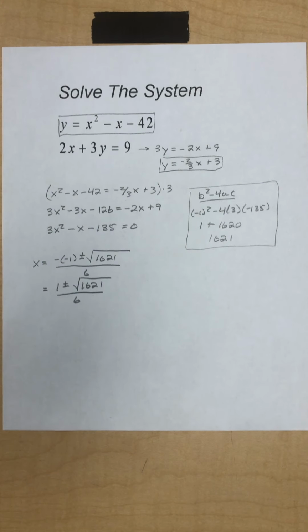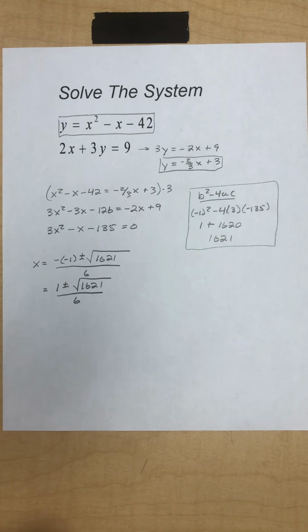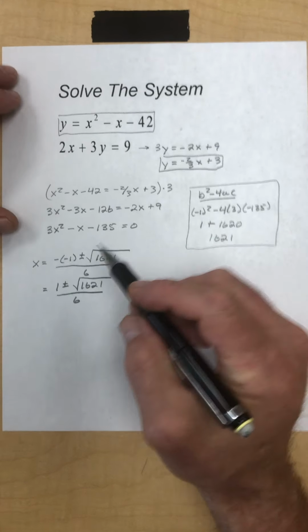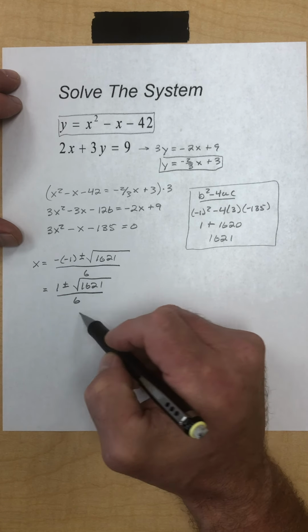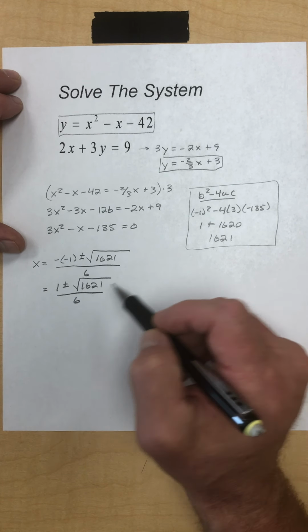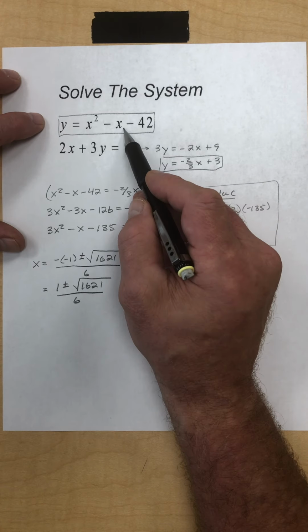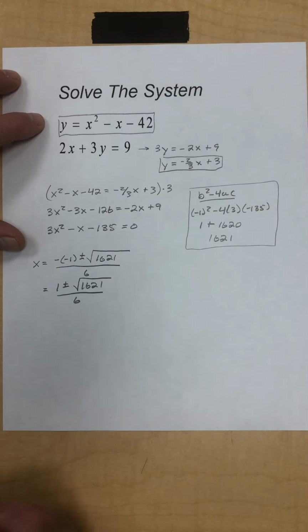Now we're running into a problem here because you say, okay, let's give exact answers. x would be 1 plus radical 1621 over 6, and x would be 1 minus radical 1621 over 6. And then I would have to go up here and substitute it in to find y.